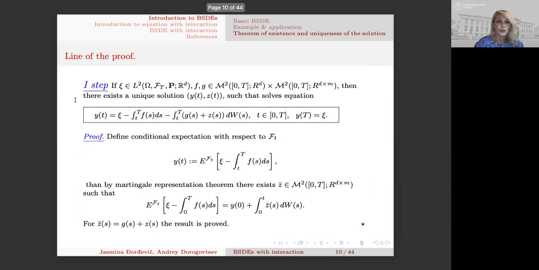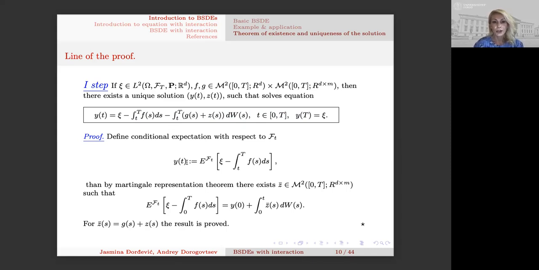So I will just give a outline of the proof, which consists of 4 steps. In the first step, the basic BSDE is observed, where the drift is a deterministic function, and in the diffusion, in addition to the control process, we have some other deterministic function G. The proof of existence and uniqueness of the solution for this equation relies on the martingale representation theorem.